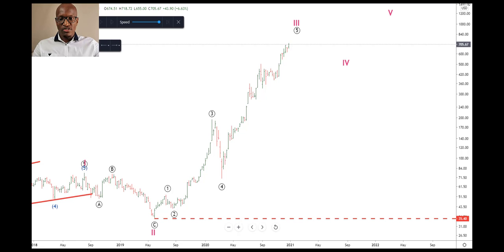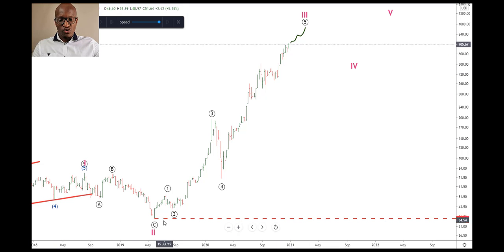The market can continue to push up and make new highs, but I don't think that the market has got too much more upside left to it before we see a correction for wave 4. Now, after such an extended wave 3, I would look at the market to make at least a 38.2 to 50% Fibonacci retracement.